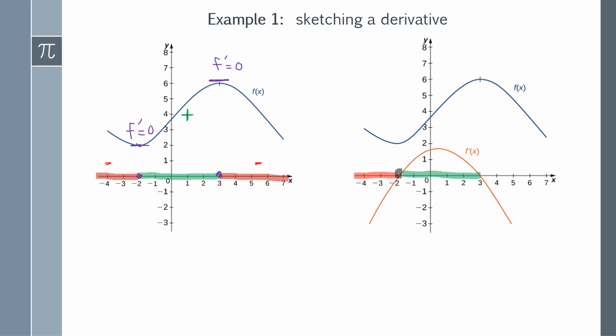The graph is completely above the x-axis, and then it's crossing the x-axis at x equals 3. And then it's negative once again on the rest of the domain. So this is your first example of sketching a derivative of a function just from a graph of f.